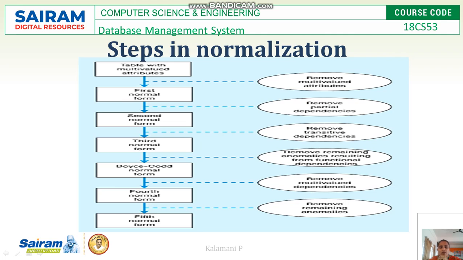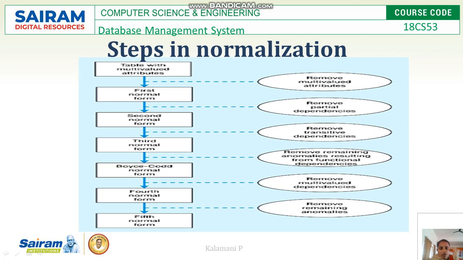This is how we define joint dependencies and fifth normal form in general. Now we have seen all the normal forms: 1, 2, 3, BCNF, fourth and fifth normal form. Now let's see an overview of the various steps. If we remove multi-valued and composite attributes and nested relations, the relation will be in first normal form. After that, if we remove partial dependencies, it moves into second normal form. Then if there are any transitive dependencies, we remove them and it enters third normal form.